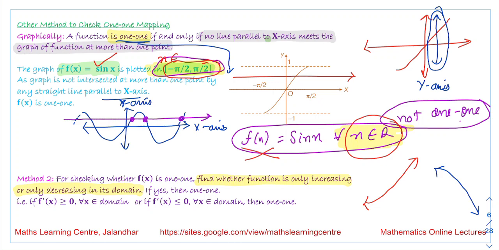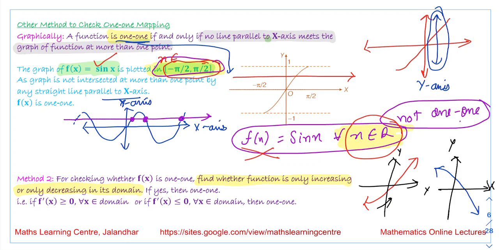Suppose any function is there, this is our x-axis, this is our y-axis, and this is the graph of an increasing function. It may be anywhere on this plane, but it may be something like this.